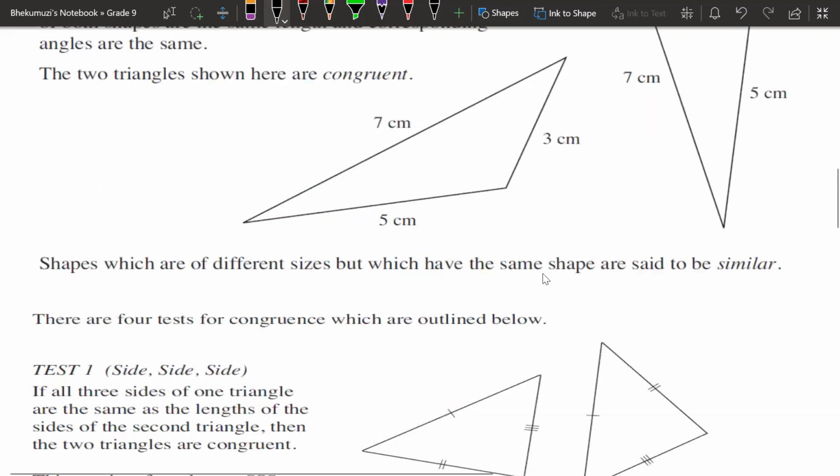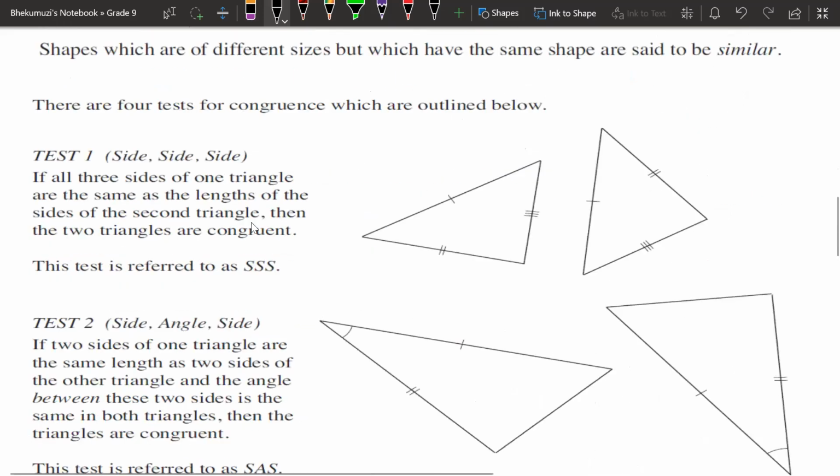Now, basically, there are many different ways of testing whether or not these particular triangles are congruent. So the first test that I'll talk about is the side, side, side test. And basically what you need to do there is find three sides that are equal to each other. So in this case, you know what this particular line means.